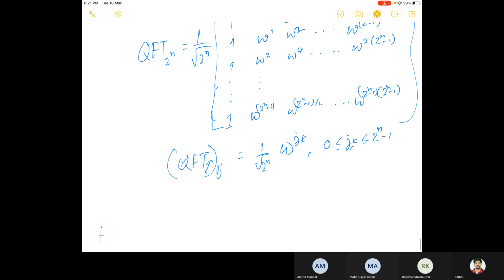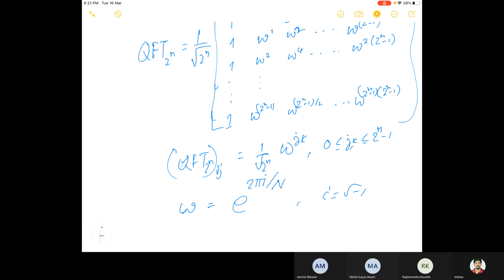And omega is the 2 to the power nth root of unity, so omega is e to the power 2 pi i by capital N, meaning 2 to the power n, and i is of course the square root of minus 1.